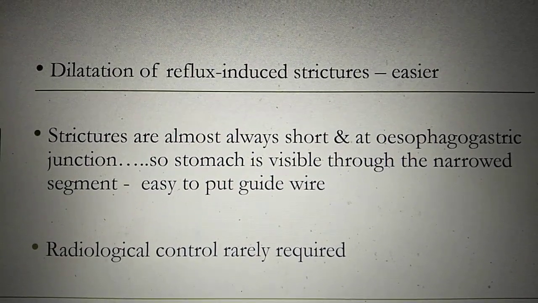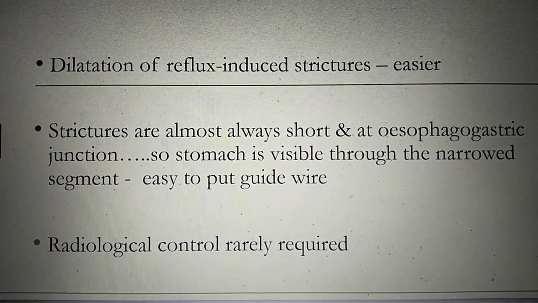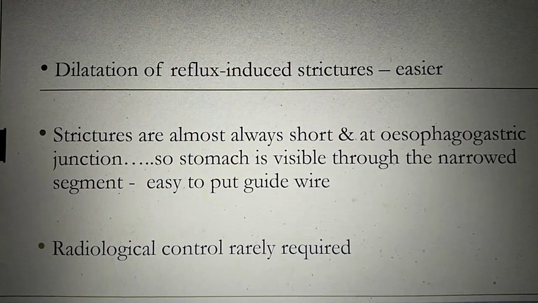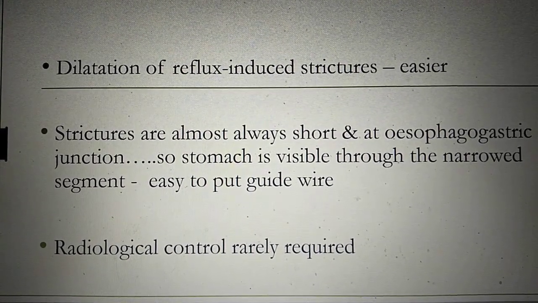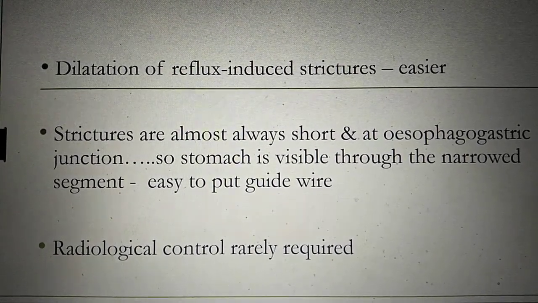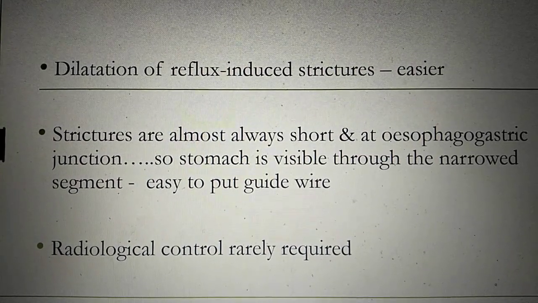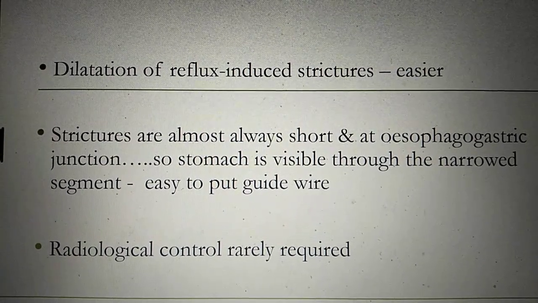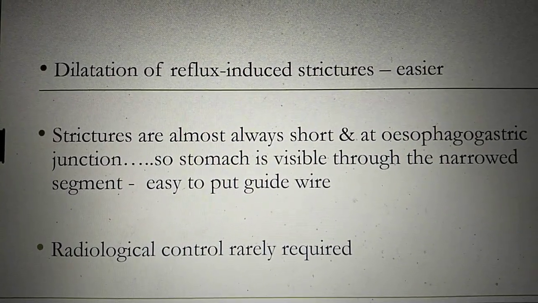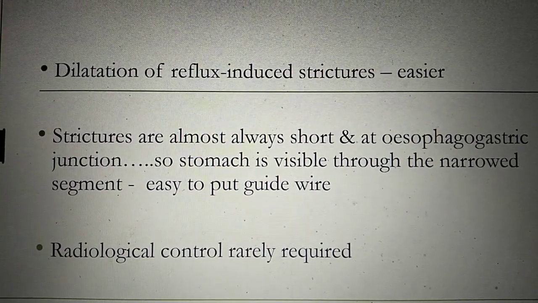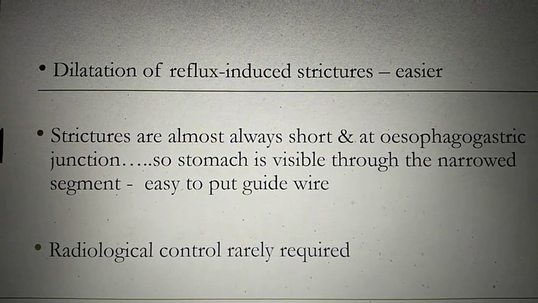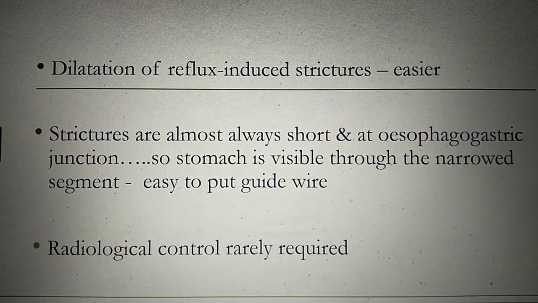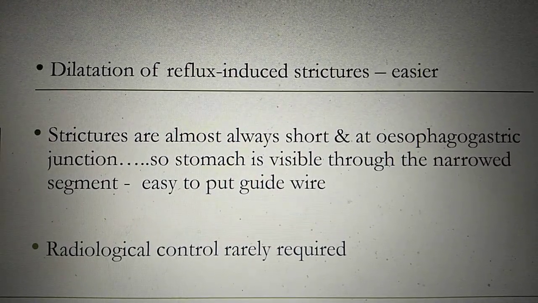Now, there are two conditions: dilatation of reflux-induced strictures, which is the easier one, and dilatation of strictures associated with malignancy. In cases of reflux-induced strictures, the strictures are almost always short and at the esophagogastric junction, so the stomach is visible through the narrowed segment.